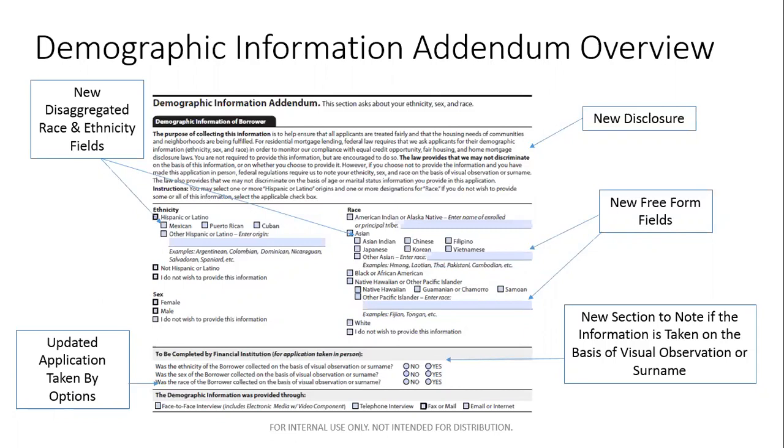At the bottom, there is a new section noted for information taken based on visual observation or the surname information. And at the very bottom is a part of a disclosure that nails down exactly how that demographic information was provided. Again, face-to-face, telephone, interview, fax or mail, or email or internet.